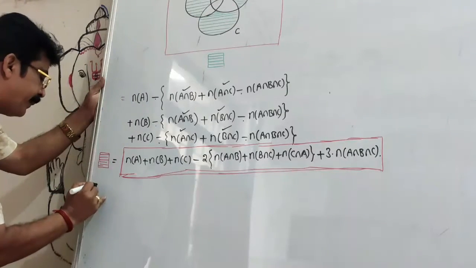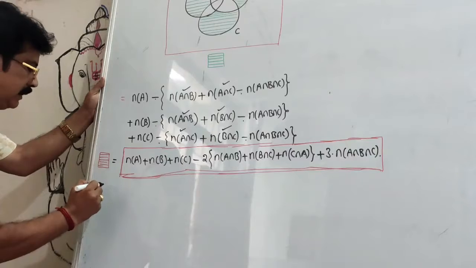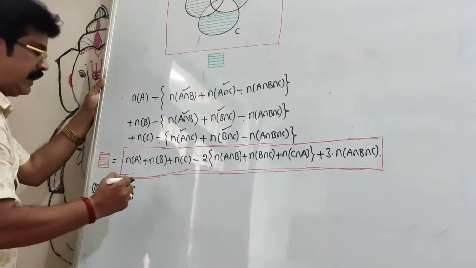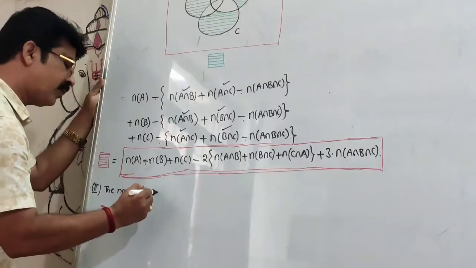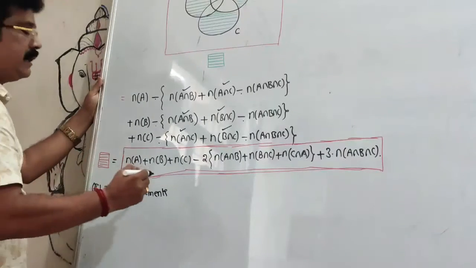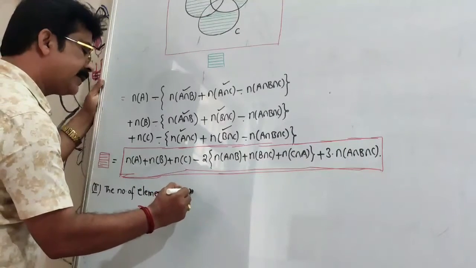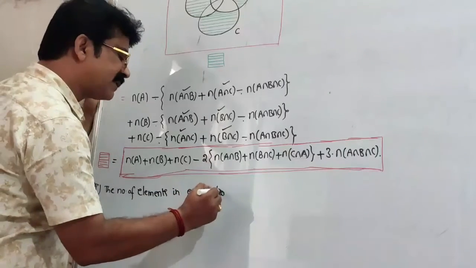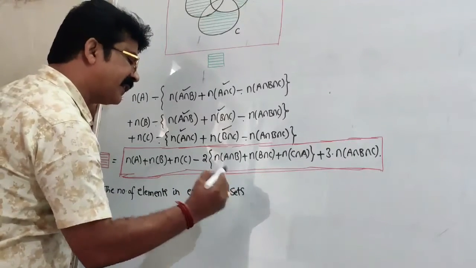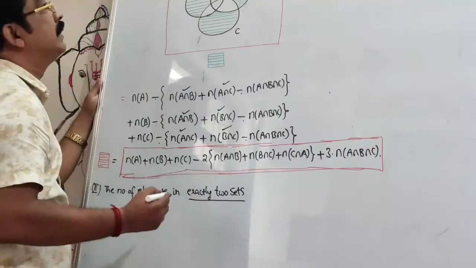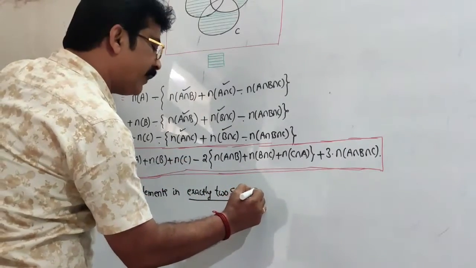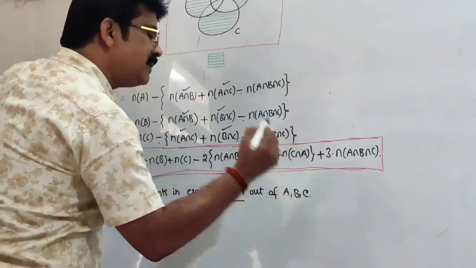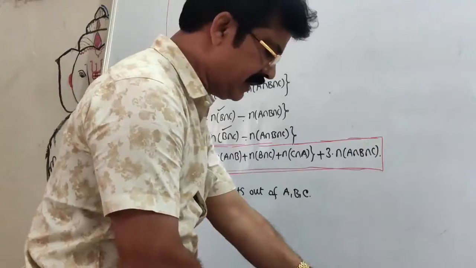Next, Roman number 2: the number of elements in exactly 2 sets out of A, B, C.